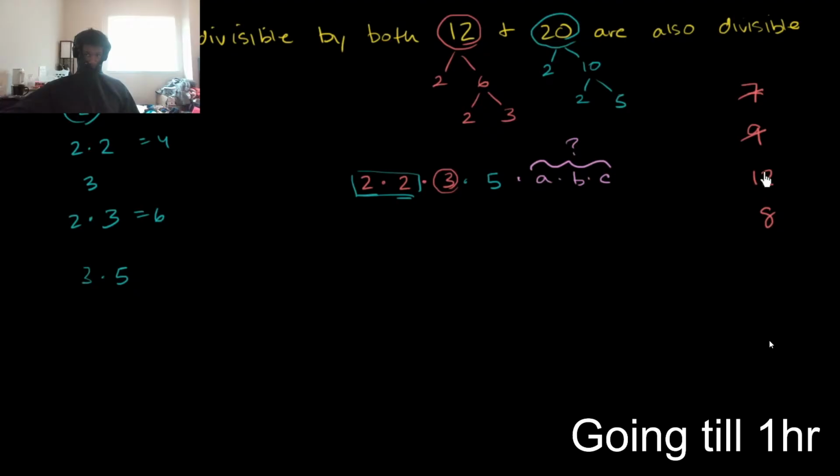12 is 4 times 3. Or another way to think about it, 12 is 2 times 2 times 3. Well, there is a 2 times 2 times 3 in the prime factorization of this least common multiple of these two numbers. So 12 would work. 8 is 2 times 2 times 2. You would need 3 2's in the prime factorization.